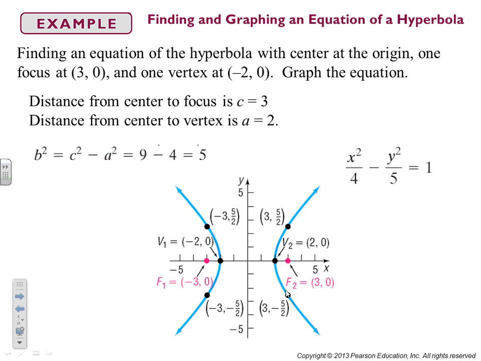So our point to tell us how widely or narrowly our hyperbola opens is at 3 comma 2.5, 3 comma negative 2.5, negative 3 comma 2.5 and negative 3 comma negative 2.5.